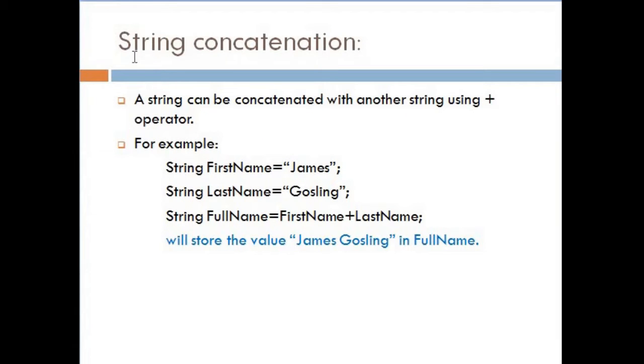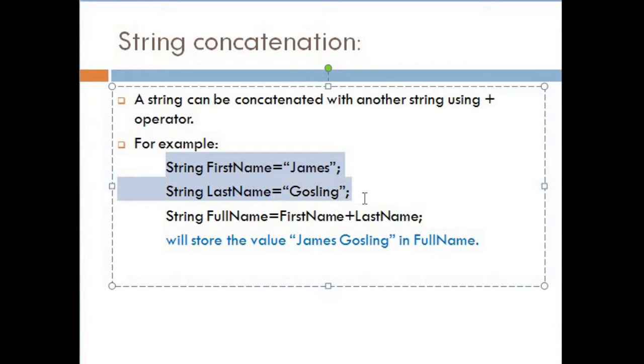Now the next thing I shall discuss is string concatenation. Concatenation means joining or merging two different strings. A string can be concatenated with another string using the plus operator. For example, see these two Java statements.